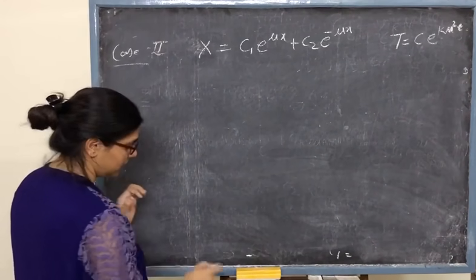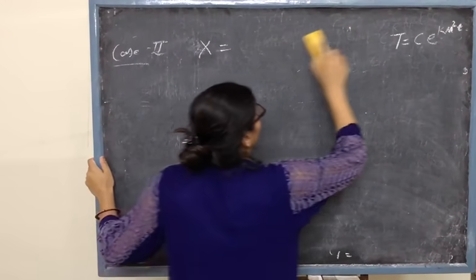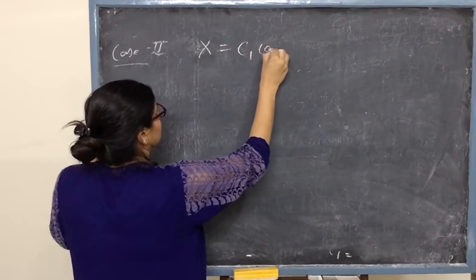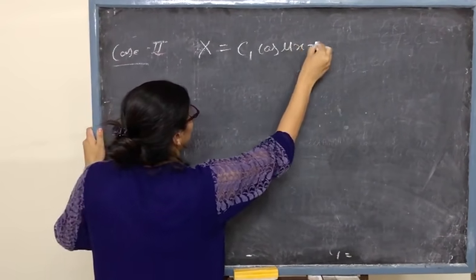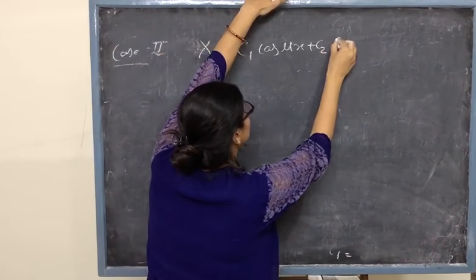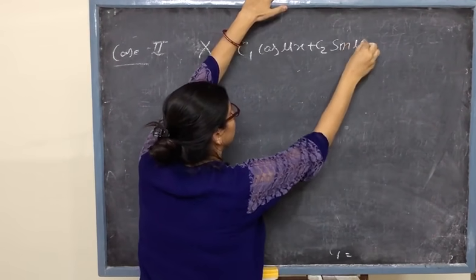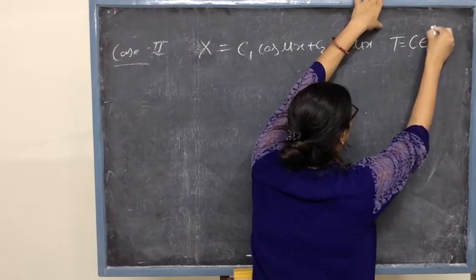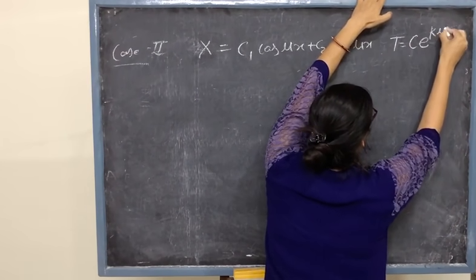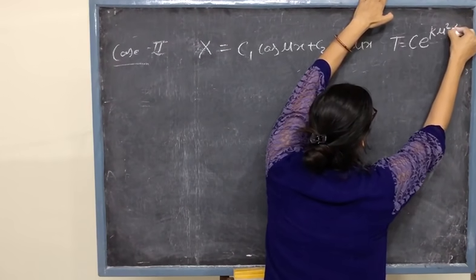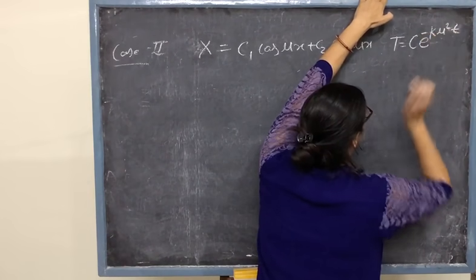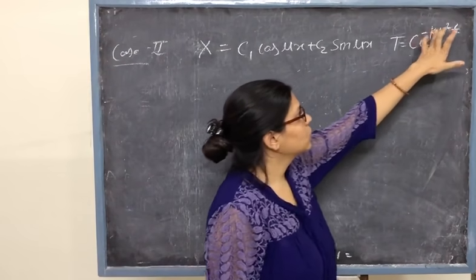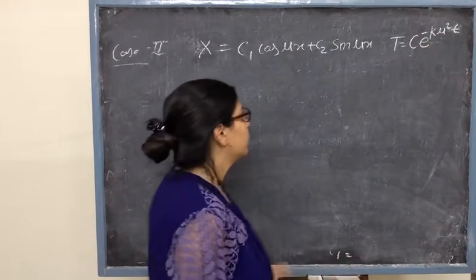Our third case, the values of these are x equals to c1 cos of mu x plus c2 sin of mu x, and t is again the same, c e raised to the power k mu square t, because here lambda is negative, putting lambda equals to minus of mu square, in this form.